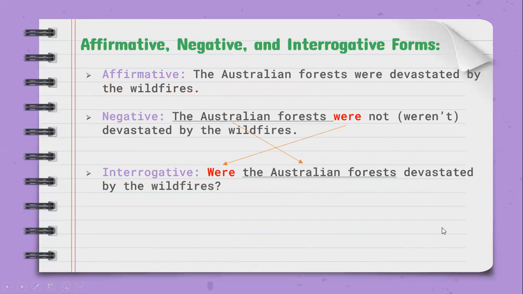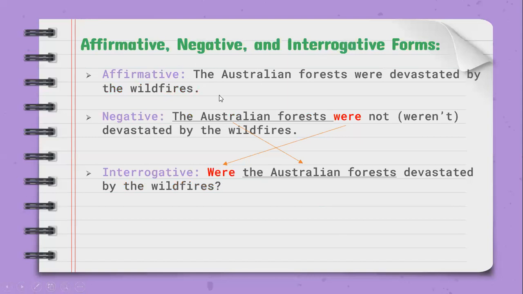Now, affirmative, negative, and interrogative forms of the passive voice. Here we have a sentence in the passive voice. The Australian forests were devastated by the wildfires. Instead of saying the wildfires devastated the Australian forests, we said the Australian forests were devastated by the wildfires. So this sentence is already written in the passive, not the active.